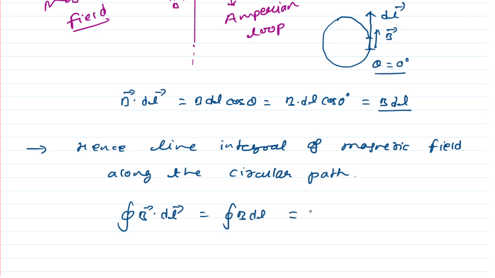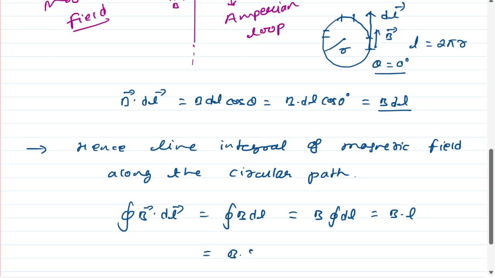B is constant, so it comes out of the integration of dl. If we add all the different dl parts of this loop whose radius is r, then L will be 2 pi r. So we get B into 2 pi r.